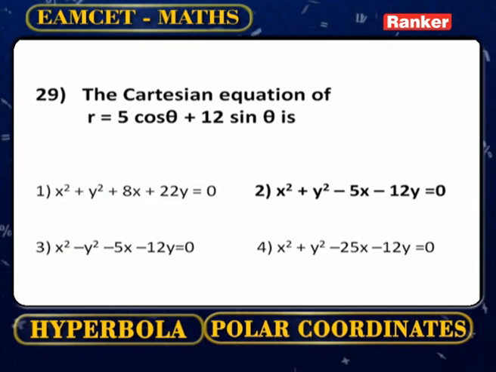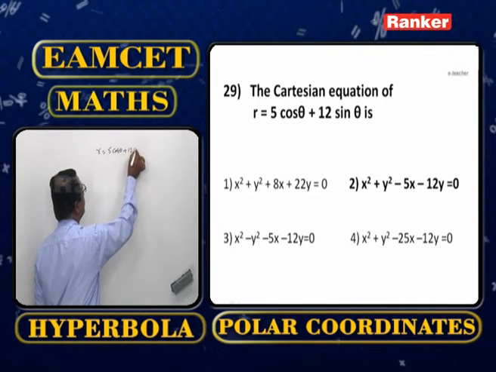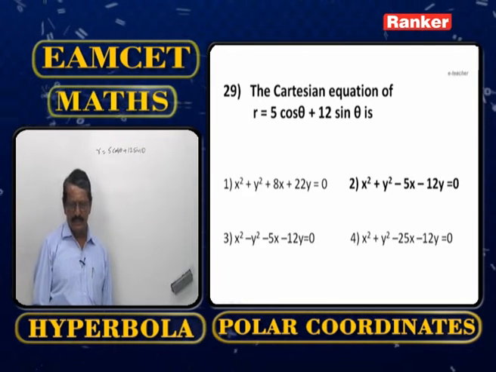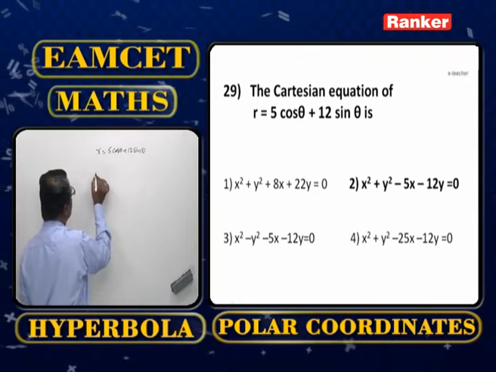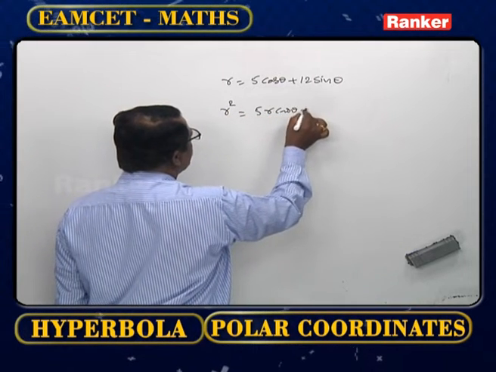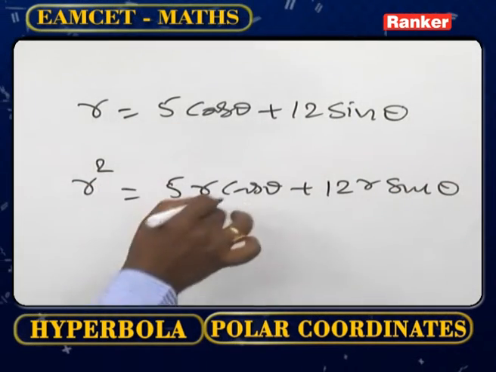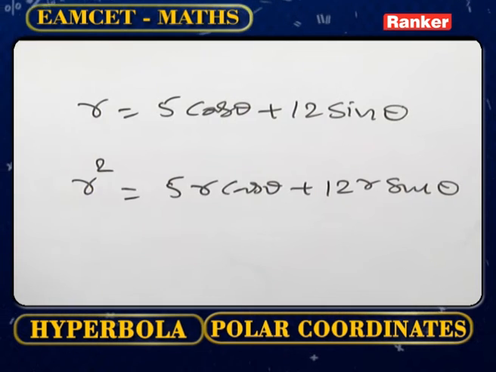The Cartesian equation of r equals 5 cos theta plus 12 sin theta. Now, multiply the complete equation by r: both sides multiplied by r, we get r square equals 5r cos theta plus 12r sin theta.